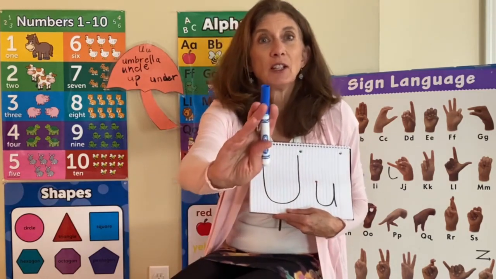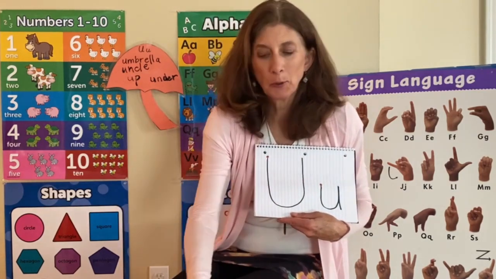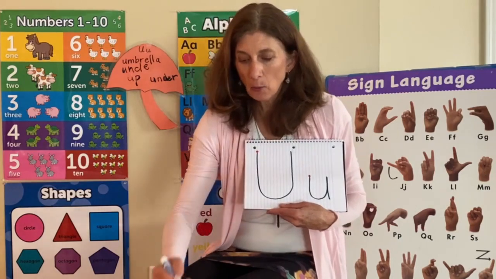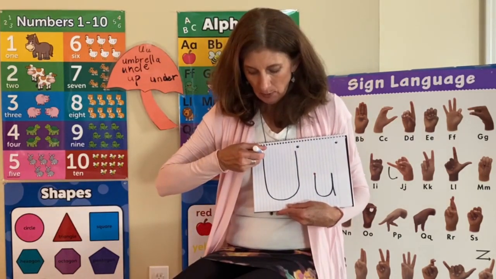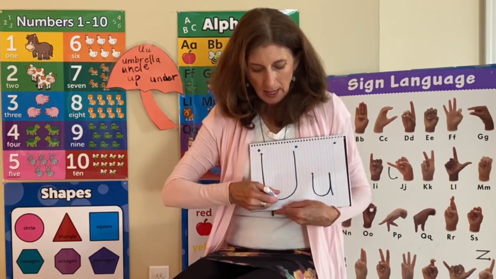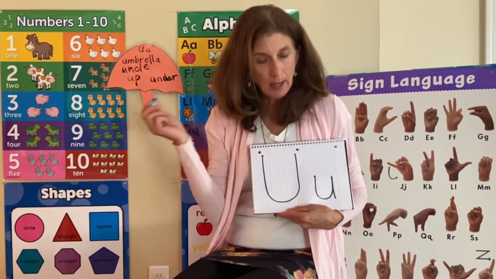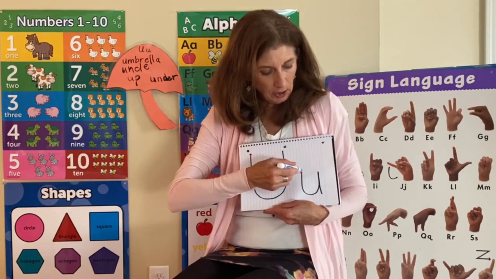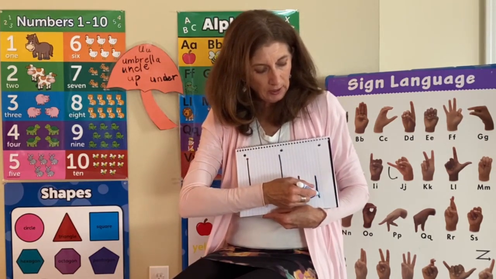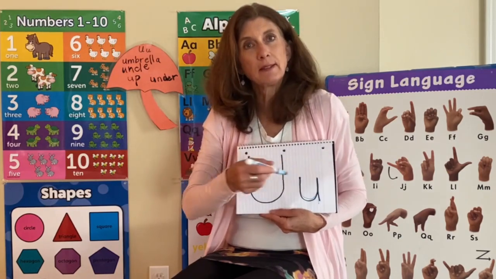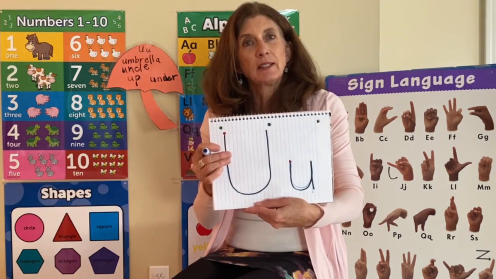And my first color is blue. Let's start at the red dot with our blue felt pen. You can use a crayon. And we start and we go down and we make kind of a circle and come back up. And the little U, we start on the red dot and we go down and make a little curve and come back down with a line by the side of it. That's the only difference.